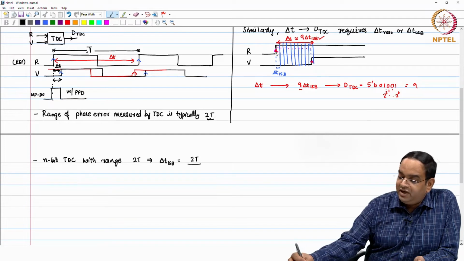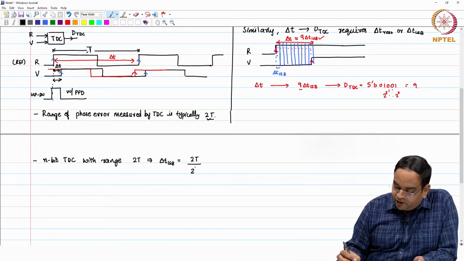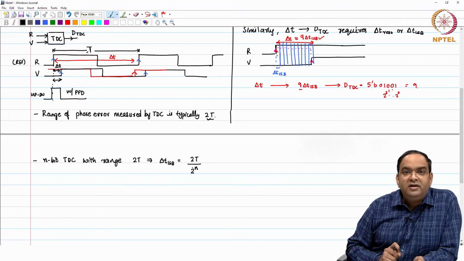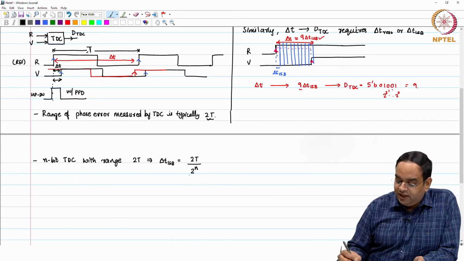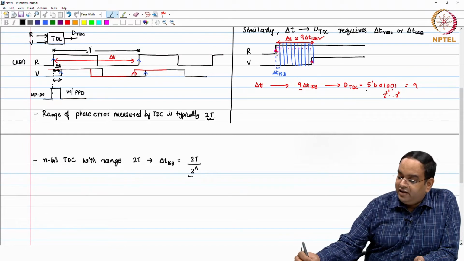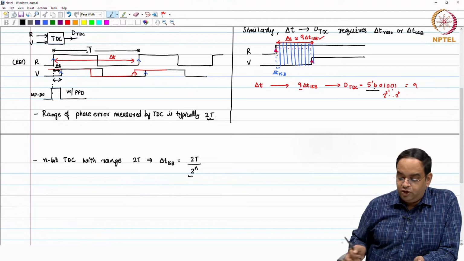So, you know for an n bit TDC how much is the maximum value. So, you can say this is approximately 2 power n values you will have. So, this is your delta T LSB. Okay. And the digital word which you are going to get will have an equivalent binary value. Okay.